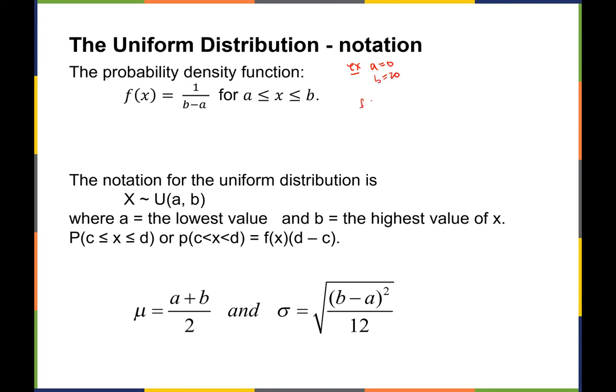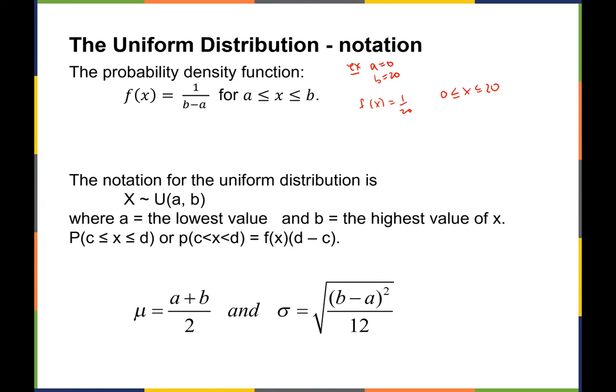So our example had f of x equals 1/20th. That was our height for 0 less than or equal to x less than or equal to 20. So that's how we relate to our example. A is your lower value of the uniform distribution and b is your upper value. The notation we use is the random variable x is distributed as uniform a, b. So it tells us the least and the most. A is the lowest, b is the highest.